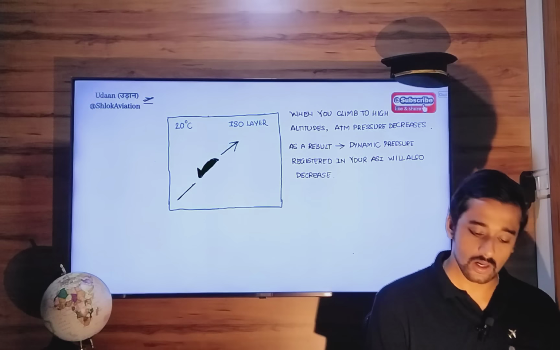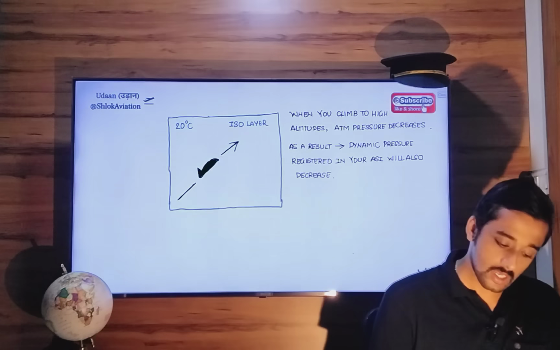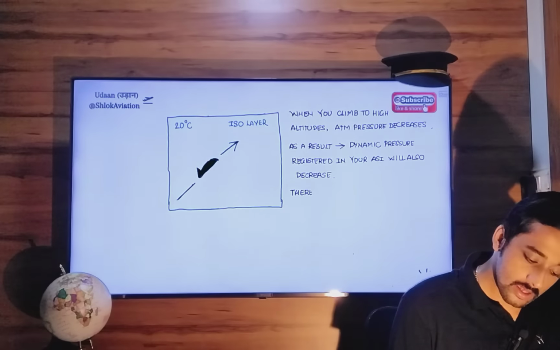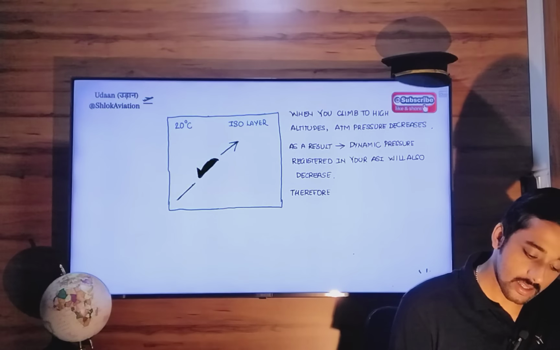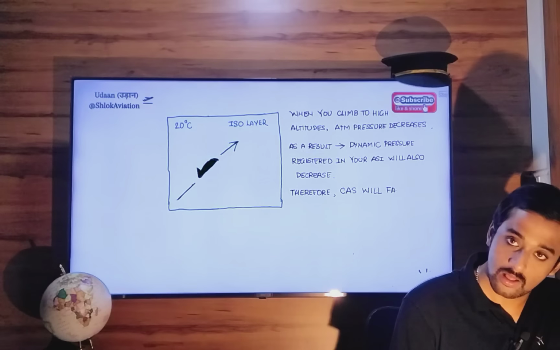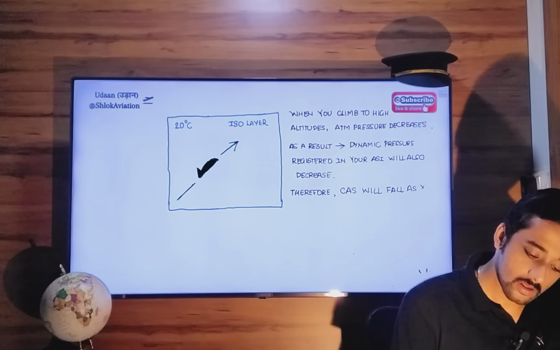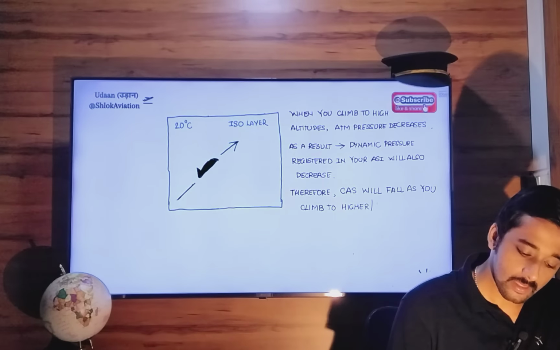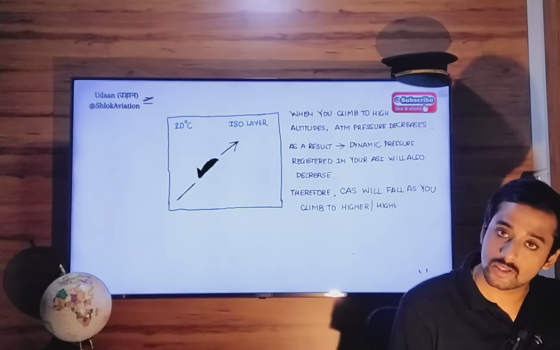It will also decrease, and therefore the calibrated airspeed indication will fall as you climb to higher and higher levels.